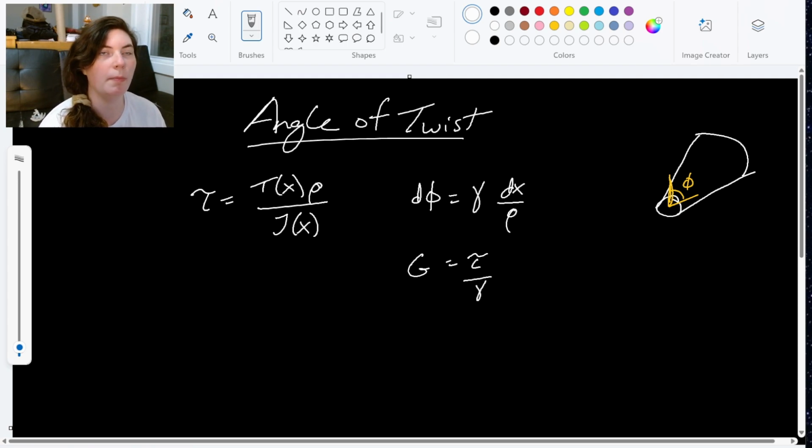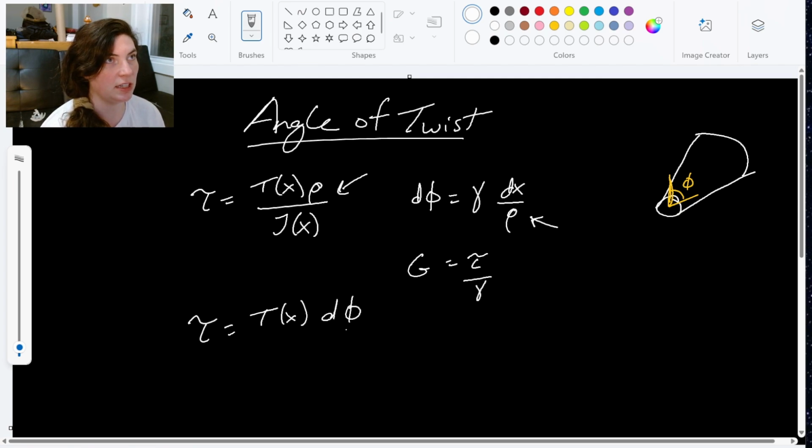Right, so if we start combining some of these things together, I have a rho in this equation, I've got a rho in this equation, I could make a substitution in here, where the shear stress is my torque, times, now instead of my rho, if I do that substitution, d phi over gamma dx, J, our polar moment of inertia. And I can go ahead and make another substitution for my gamma here.